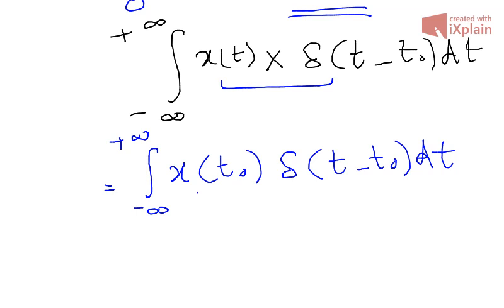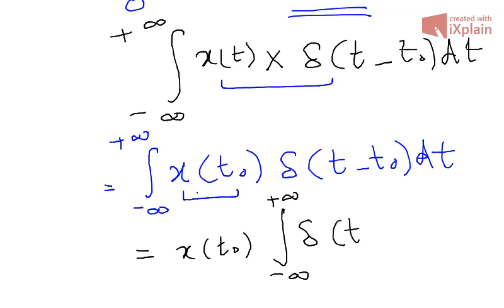Now this particular value x of t naught is just a single value of that function. It's a single value which occurs at t naught, right? So that would be some numeric value, maybe 1, maybe 2, maybe 1.1, maybe 0.5, whatever it is. You can put it outside the integral. It's a kind of constant now for you, and you can rewrite this as the integral of delta of t minus t naught dt, right?